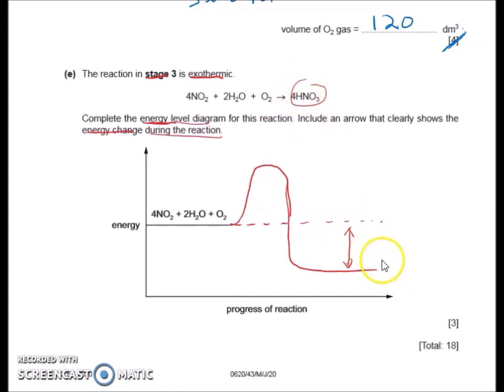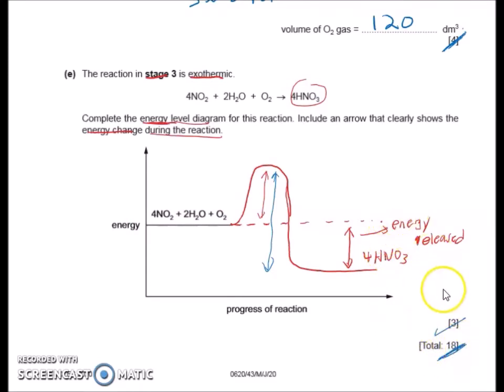Here we are getting the nitric acid, the product, and this is the energy release. And this is the activation energy needed for the forward reaction, and this is the activation energy for the reverse reaction. Once you draw this, you are able to get the 3 marks, and the total marks given for question 2 is 18.